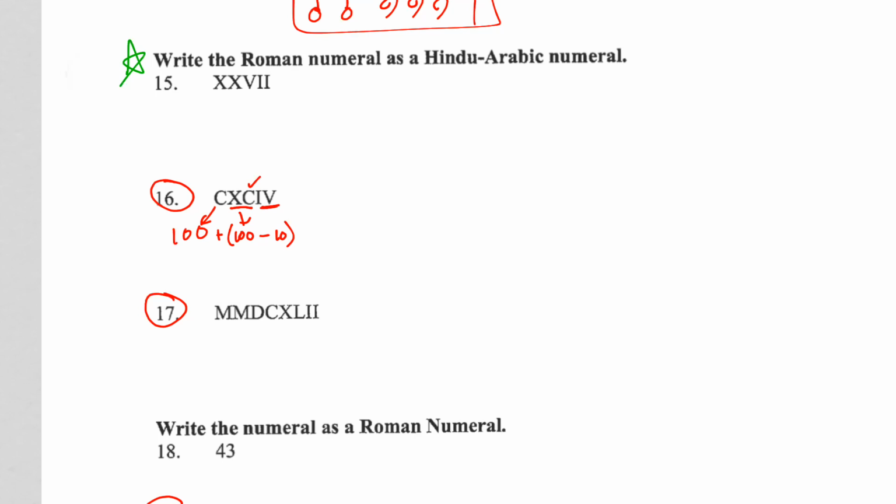And then this part right here would be 4, which is 5 minus 1. So this is really 100 plus 90 plus 4, which is 194.